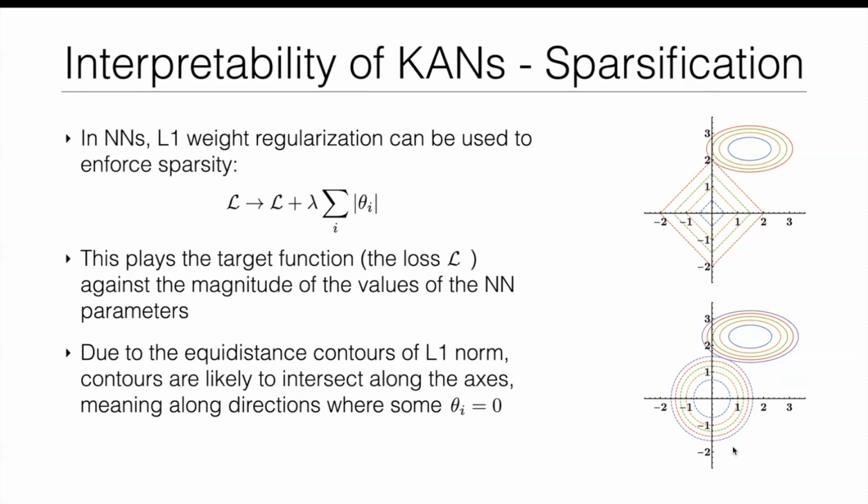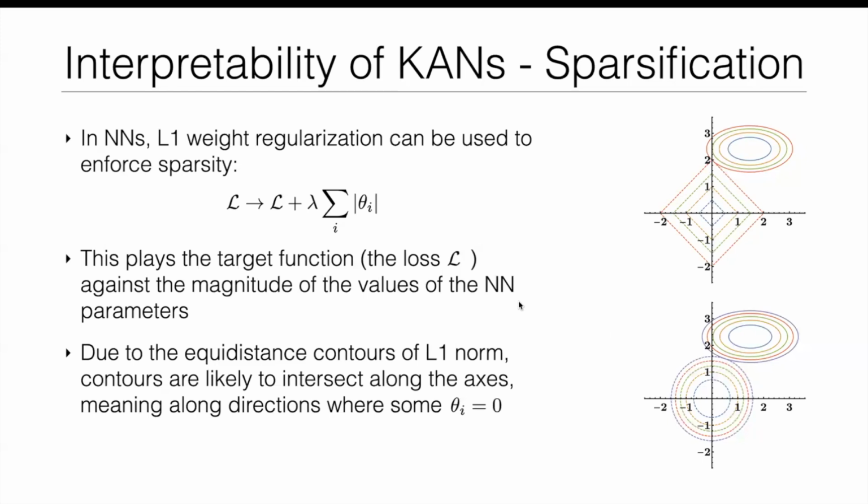Whereas if you used an L2 norm, then the optimum would likely not be on one of the axes, meaning not one of the parameters would be set to 0. So this is an intuitive understanding for why the L1 weight regularization tends to lead to sparsification and set some of the parameters to be exactly 0.